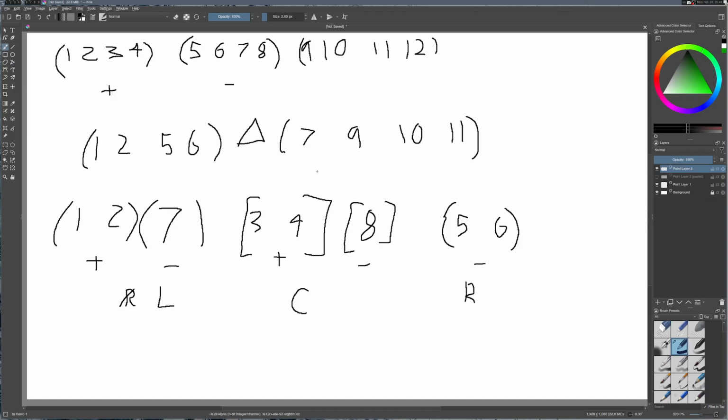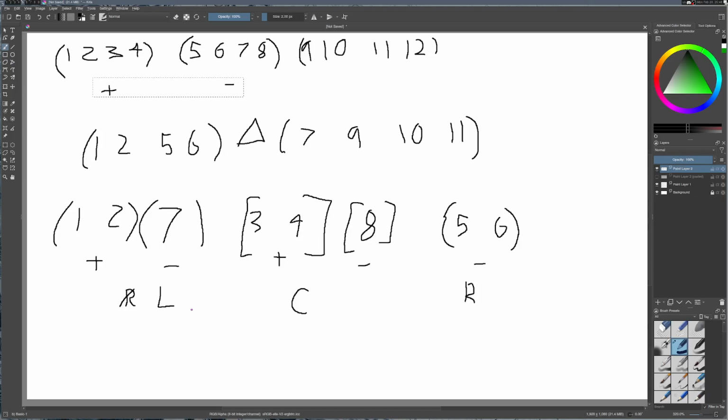And in the case that these signs are flipped, let me get rid of these. In the case that the seesaw goes in favor of 5 through 8, then these signs are just flipped. So this would be positive, this is lighter, 7 is heavier, this is lighter, and we do the same thing.